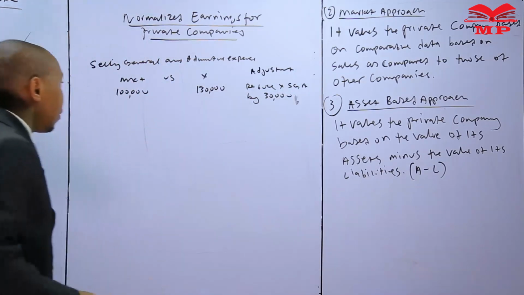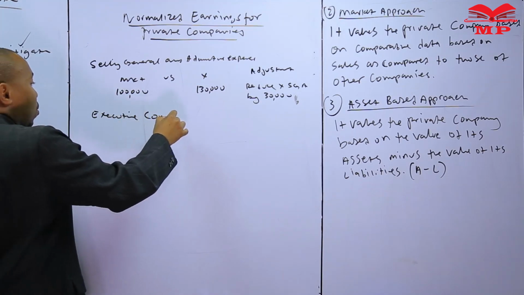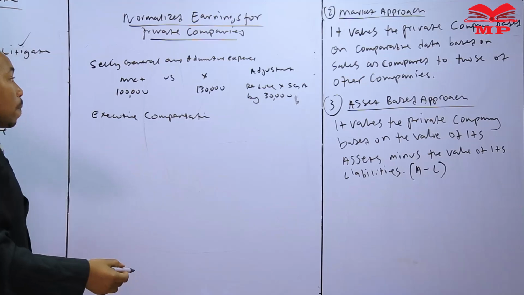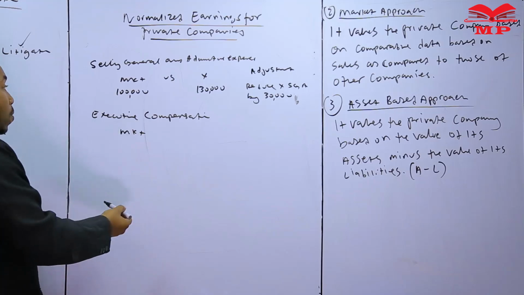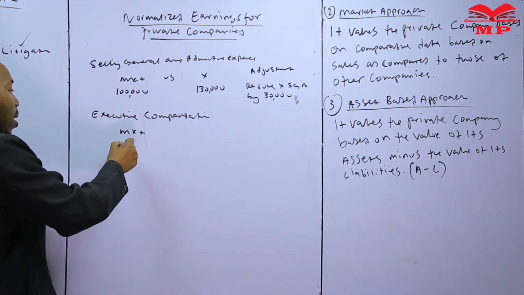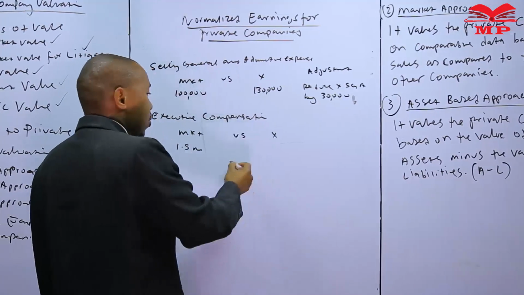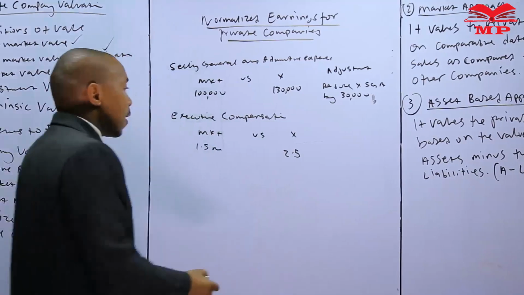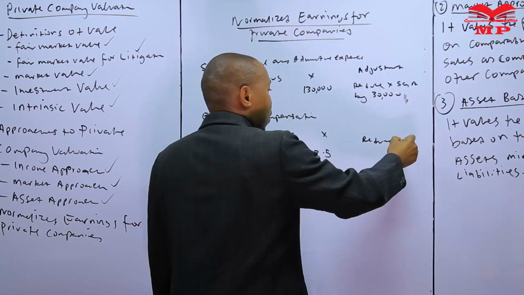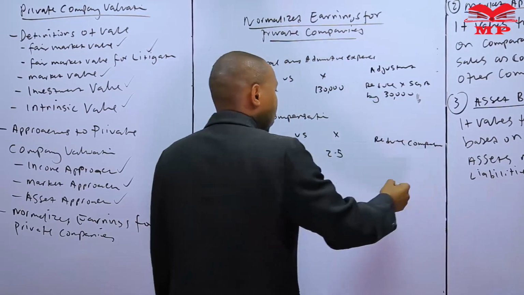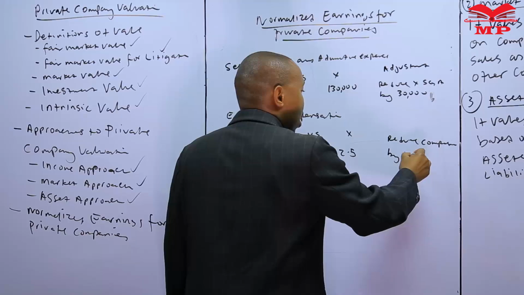If, for example, the average executive compensation for CEOs in the market is probably 1.5 million, and we're comparing with that of company X, which is 2.5 million, the adjustment is to reduce the compensation figure to be similar to that of the market, by 1 million.